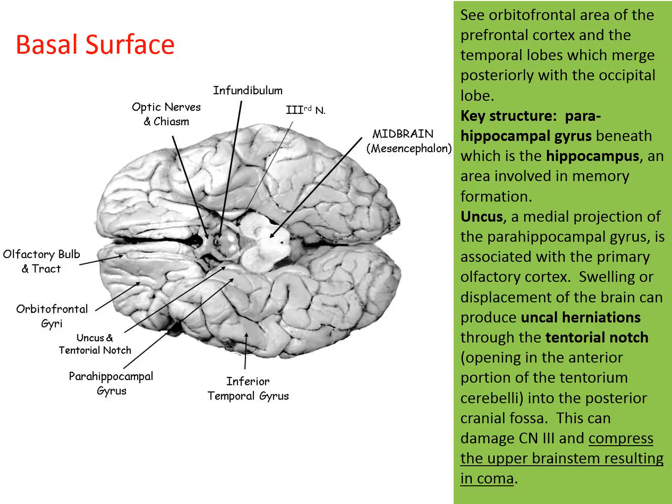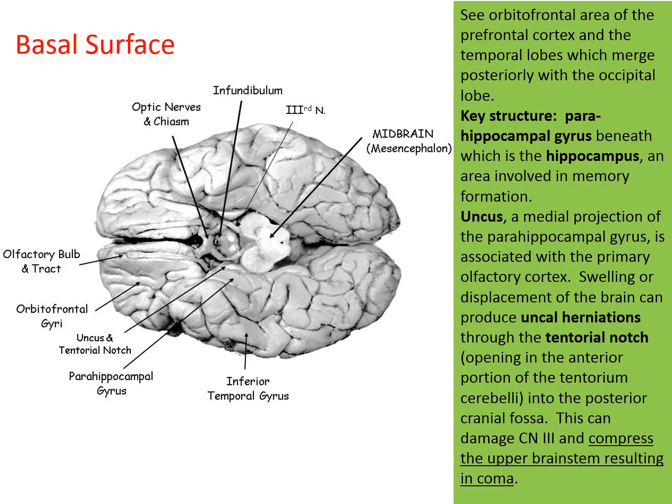We're able to see the infundibulum, which is the stalk that leads to the pituitary. And we're able to see the parahippocampal gyrus in the temporal lobe. And deep to the parahippocampal gyrus, buried, we cannot see it, is the hippocampus. Those areas, the parahippocampal gyrus and hippocampus, are involved in memory formation.